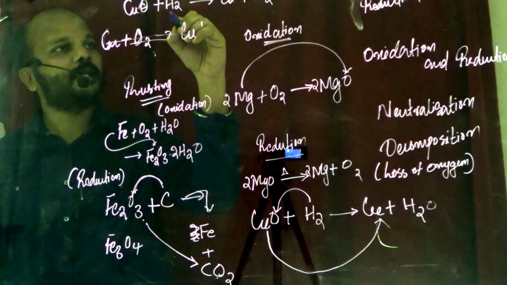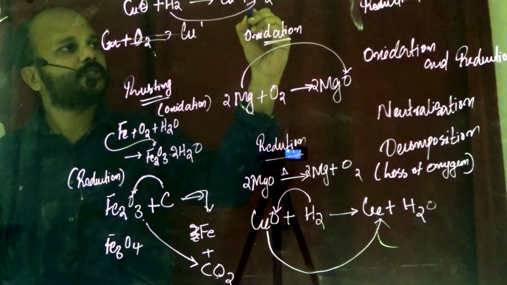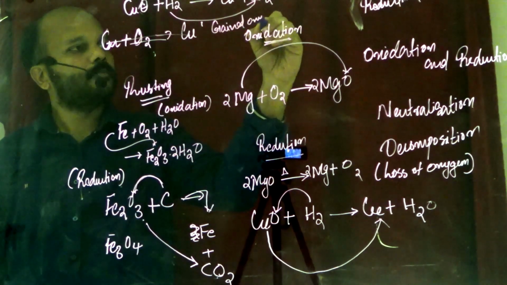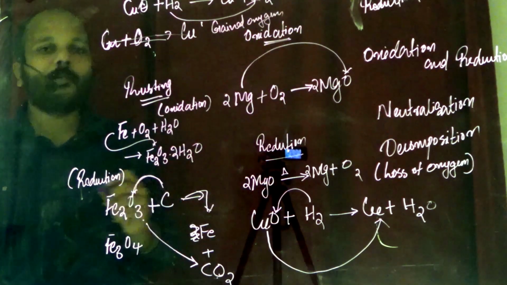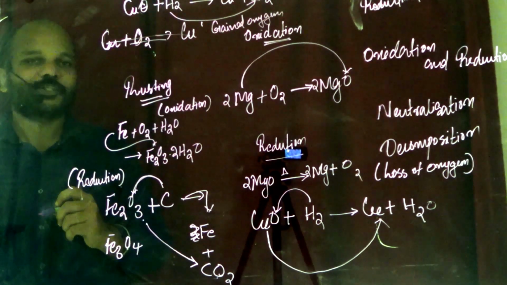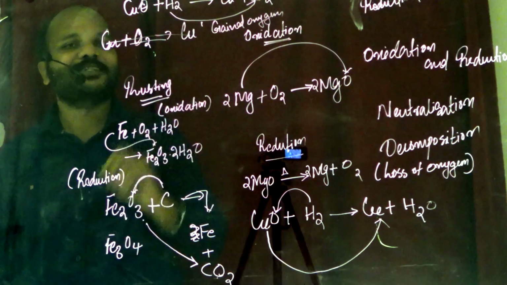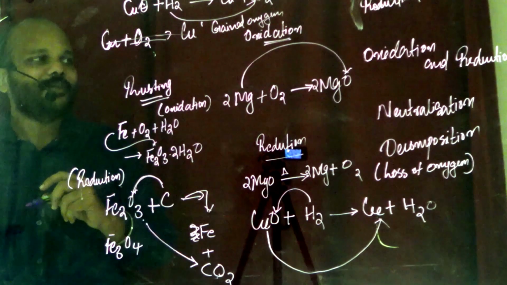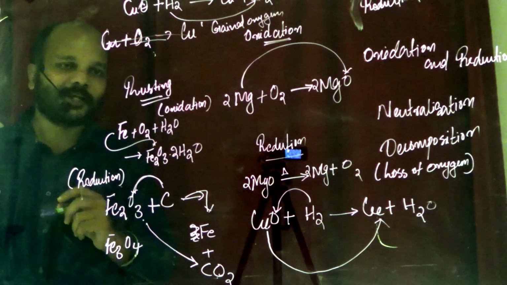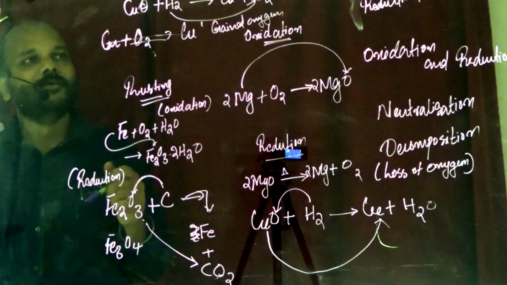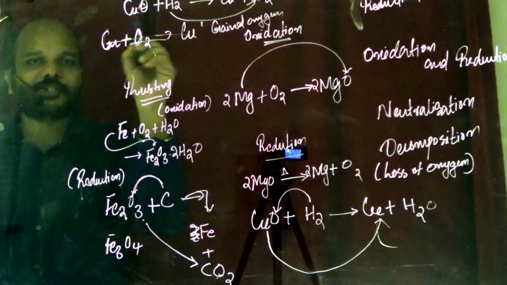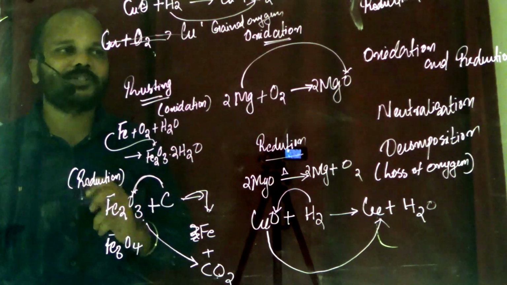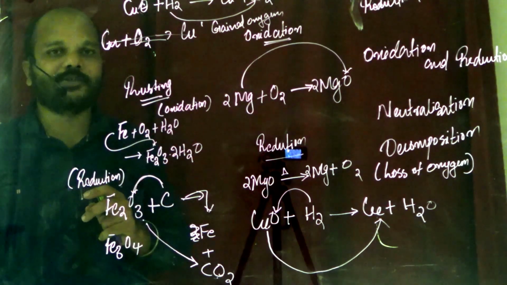What has happened to the hydrogen? Hydrogen has gained oxygen. So copper got reduced because it lost oxygen, and hydrogen got oxygen, so it got oxidized. In any redox reaction, both happen: for one species oxidation happens, and for the next species reduction happens.